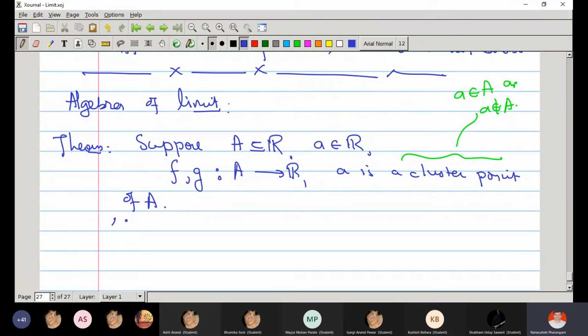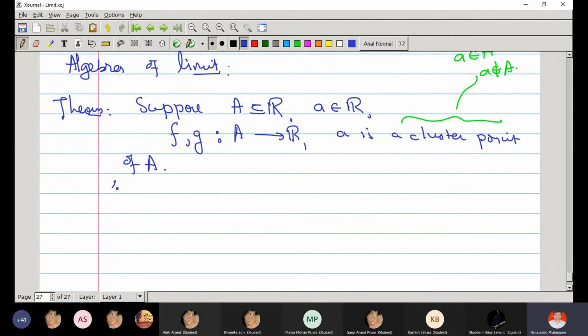So suppose the limit as x tends to a of f(x) is L1 and the limit as x tends to a of g(x) is L2. The domain of f and g is the same; f and g are defined on the same domain.